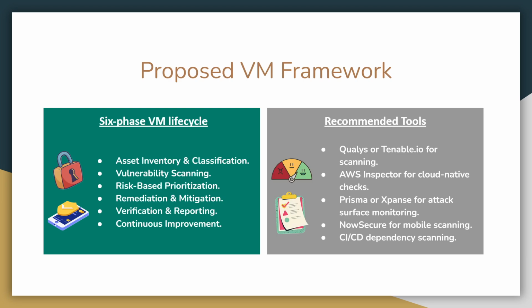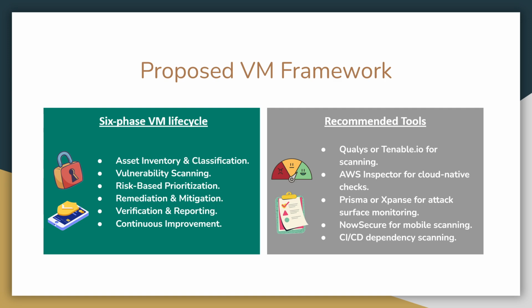So I am proposing a 6-phase vulnerability management lifecycle model based on NIST, CIS, and ISO 27001 best practices. First will be the asset inventory and classification. Identify what we own and categorize systems by business criticality.